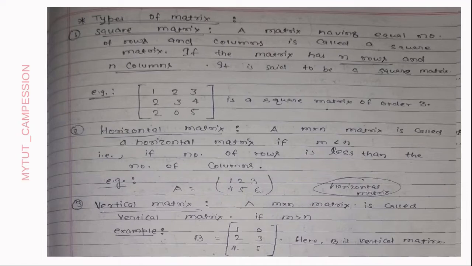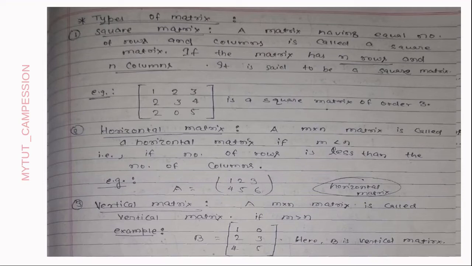Here m is the number of rows and n is the number of columns. That means the number of rows is less than the number of columns.